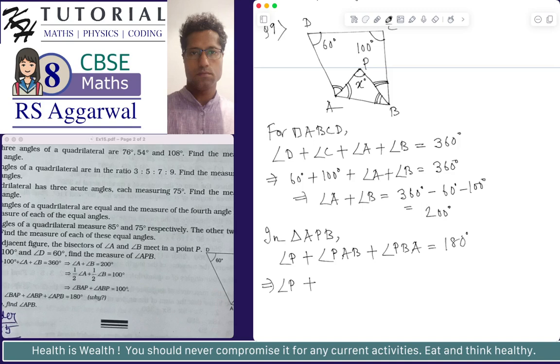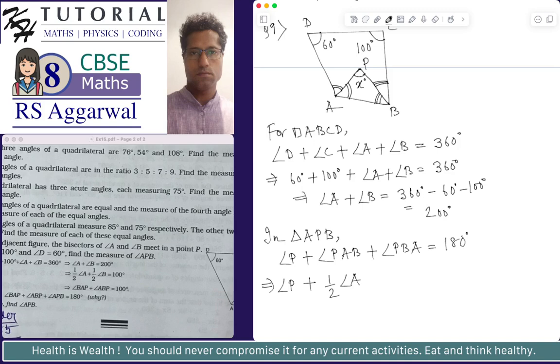What is angle PAB? Since AP is the bisector of the angle A, we can say that angle PAB will be equal to half angle A. An angle bisector bisects the angles into two equal angles.